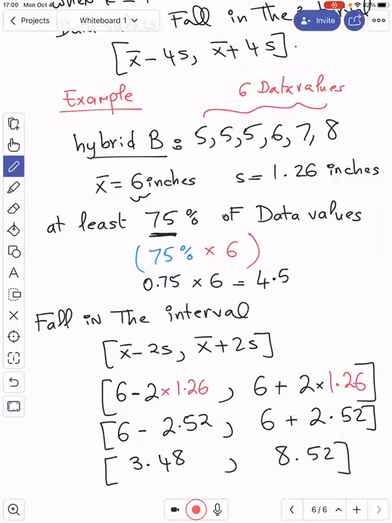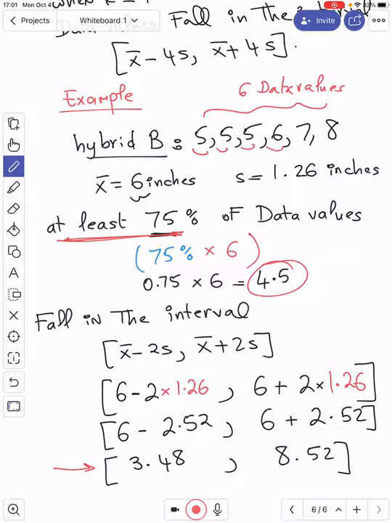So the prediction made by the theorem is the following: at least 75% of the data values, or at least 4.5 numbers, fall in this interval, between 3.48 and 8.52. So how many values are actually between 3.48 and 8.52? You see here 5. 5 is between 3.48 and 8.52, right?